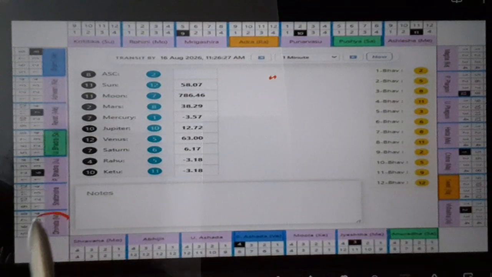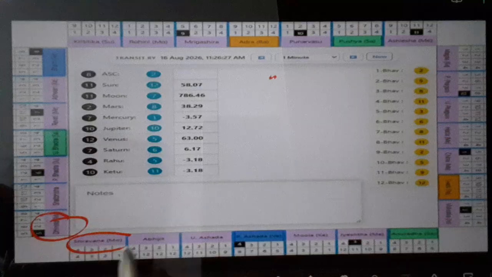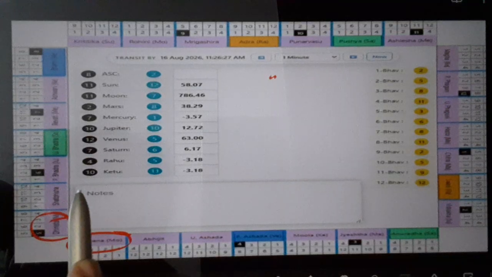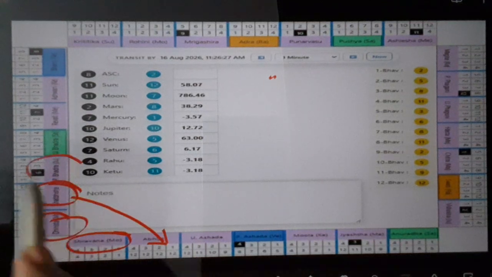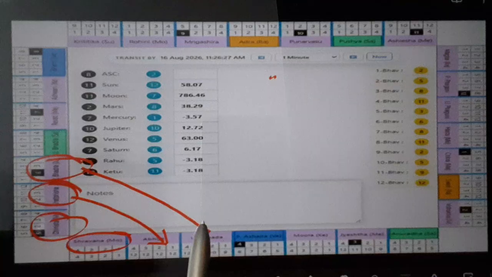Now Rahu in Dhanishta is explained with its hit on Ravana. If Rahu is here, then he will be hitting this nakshatra. If Rahu is here, he will be hitting this nakshatra.